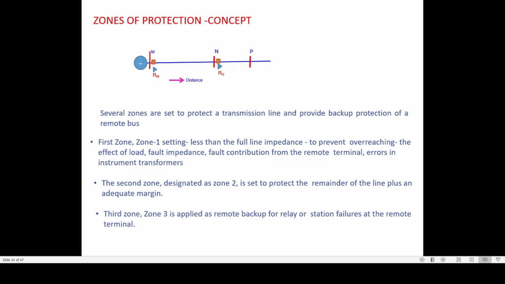But if you keep on increasing the number of bits of the analog to digital converters, then the processor you need will also be more and more complex, and that will increase the cost of the relay. So somewhere we have to limit the number of bits, and the moment we limit the number of bits, the accuracy hampers. Second thing, the sampling that is employed inside the relay.